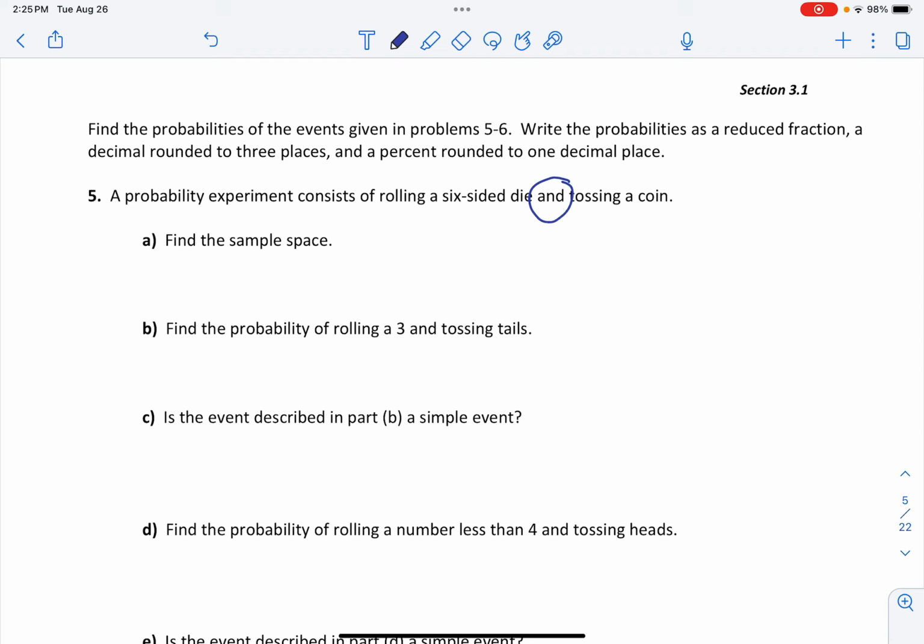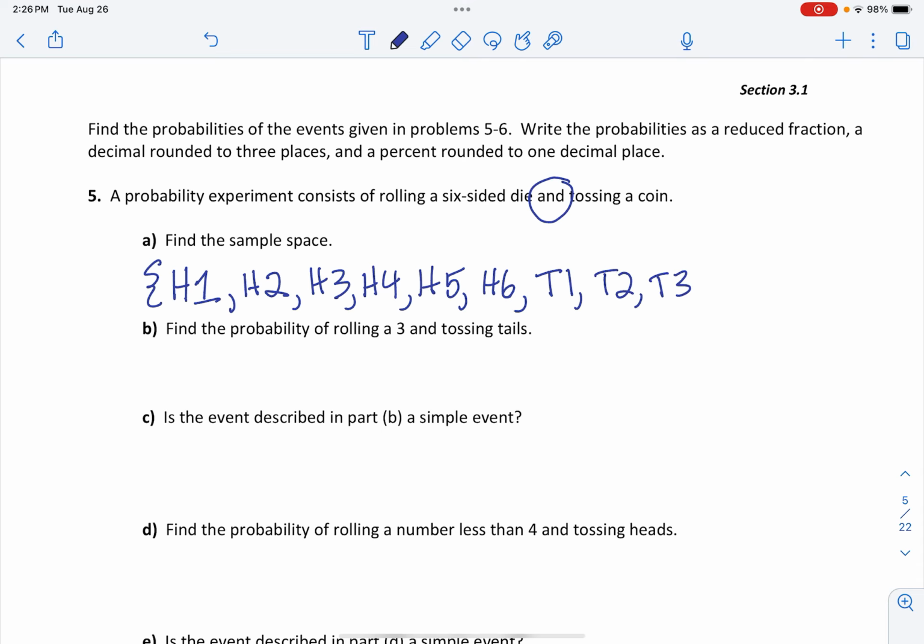If I wanted to find the sample space, I have to list all the possible outcomes. For example, I could get a heads on the coin and a 1 on the die. A different outcome would be a heads on the coin and a 2 on the die, etc. So there are all these outcomes where I get heads and a different value on the die. And then I would do all of that with tails, right?